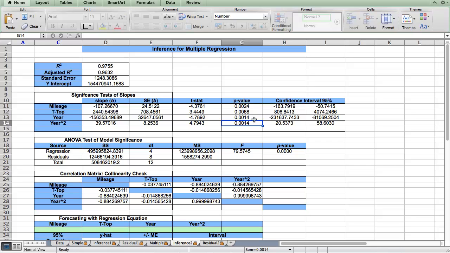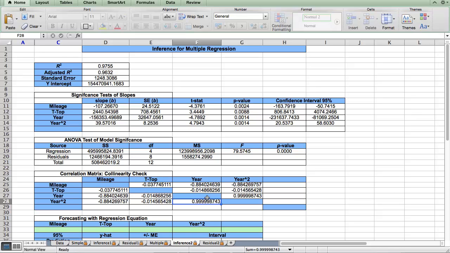We still would be cautious about the collinearity, but not here. The correlation between year and year squared, we would expect to see that, and when we use a quadratic adjustment, we would not be concerned about that.